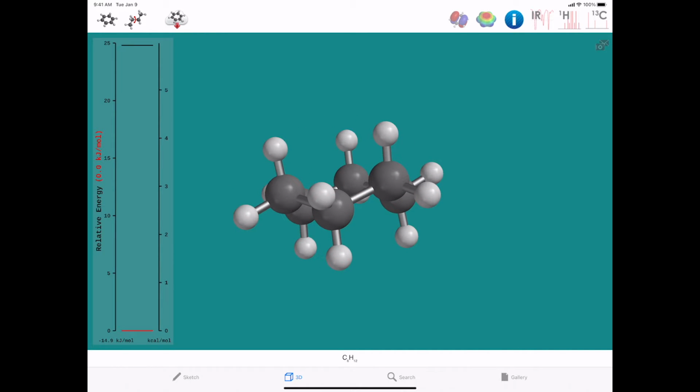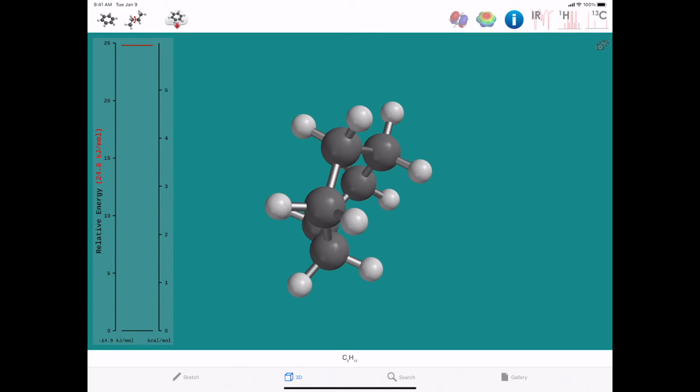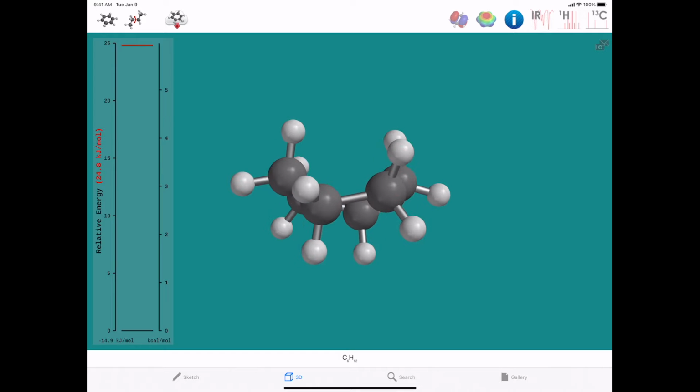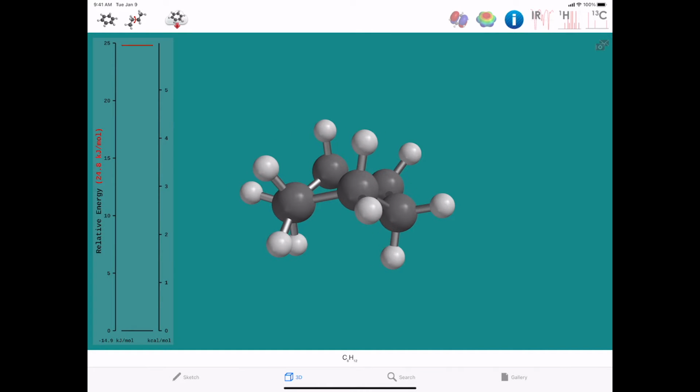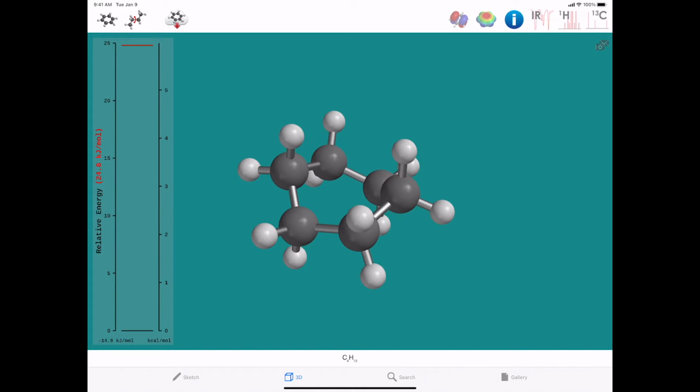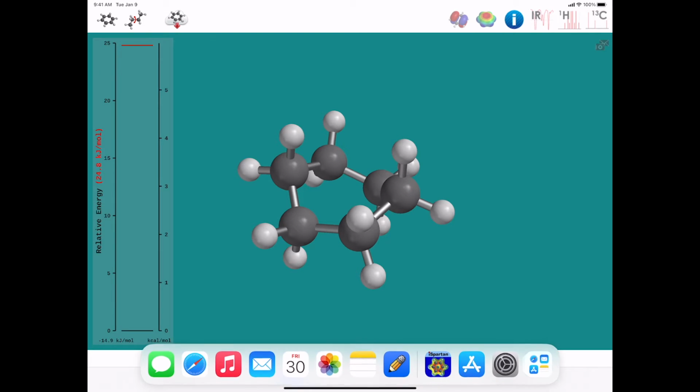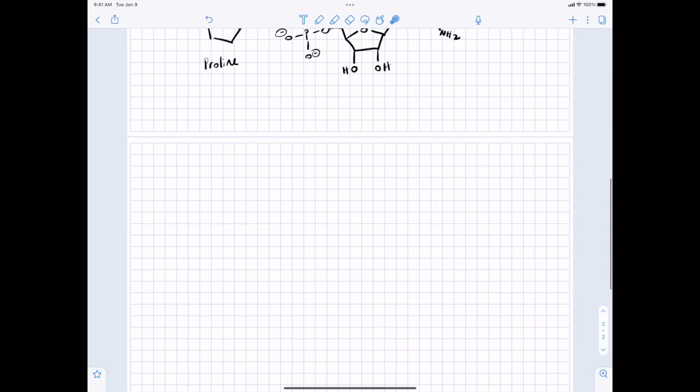What else to say about that? It's going to show us a higher energy conformation, and this is called the twist boat. And you may have had somebody tell you before that cyclohexane chairs are in equilibrium with a high energy conformation.